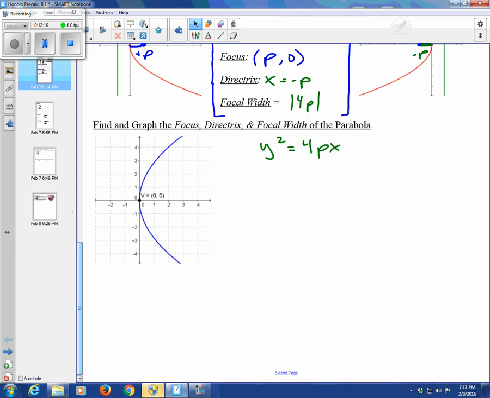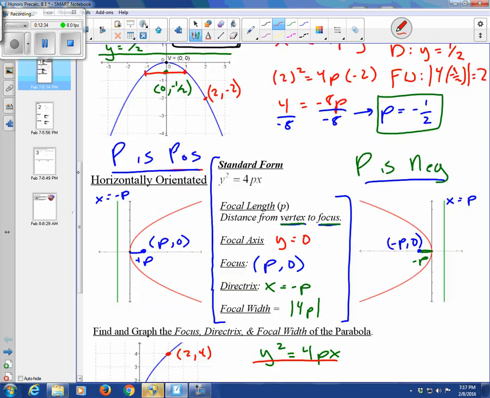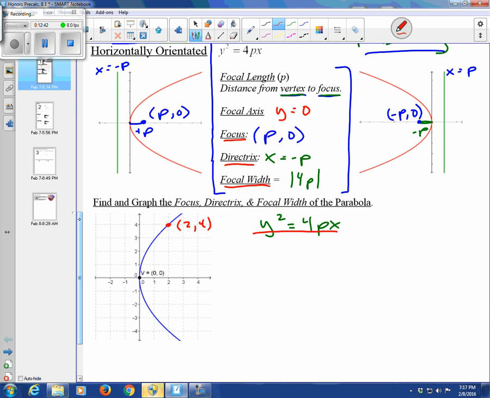So what I want you to do is define that p-value with an ordered pair on the parabola. By taking an ordered pair on the parabola and plugging it into this equation, we can solve for p. Here we can say this ordered pair is 2, 4. Then we're going to use that p-value to define the focus, directrix, and focal width, and then graph those as well. I'm going to pause the video right now and let you give this a shot.